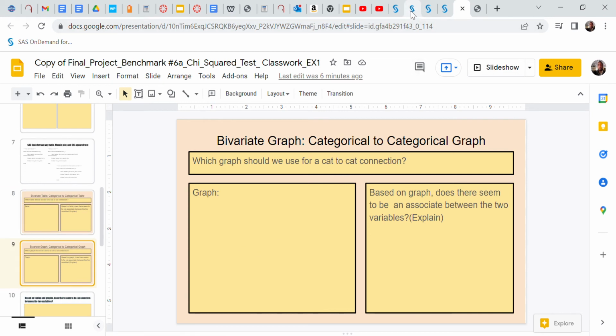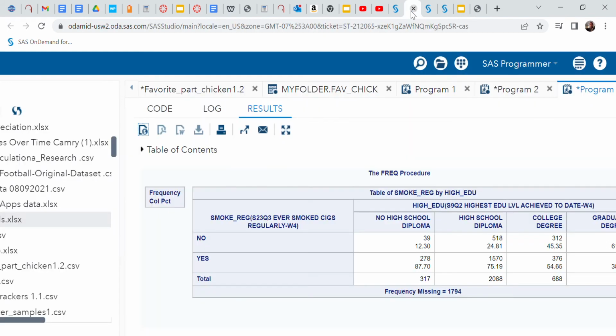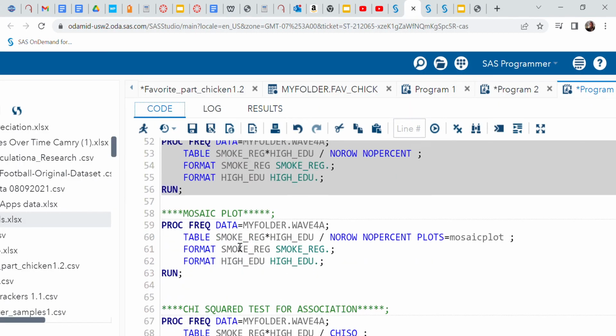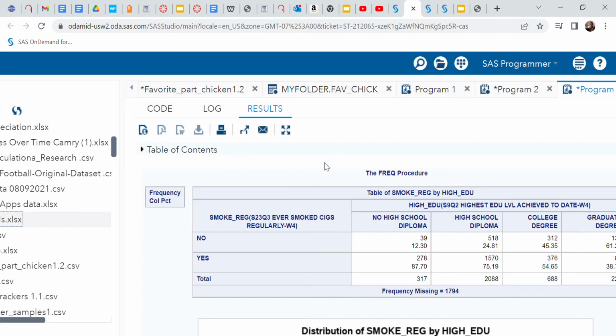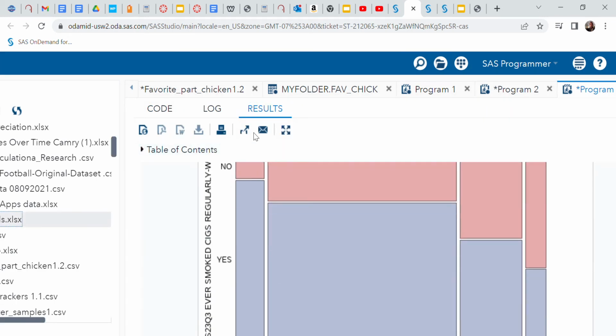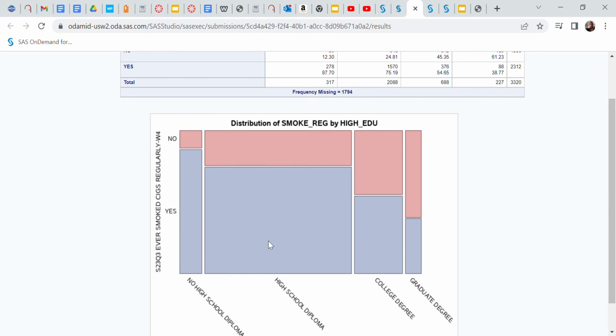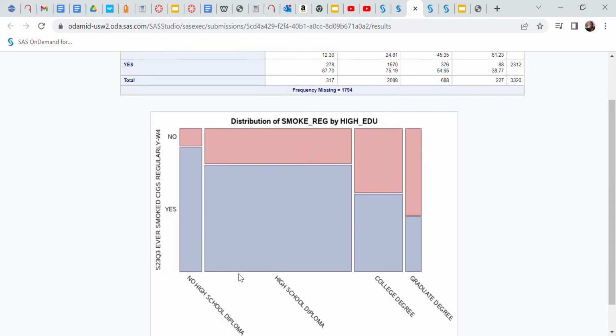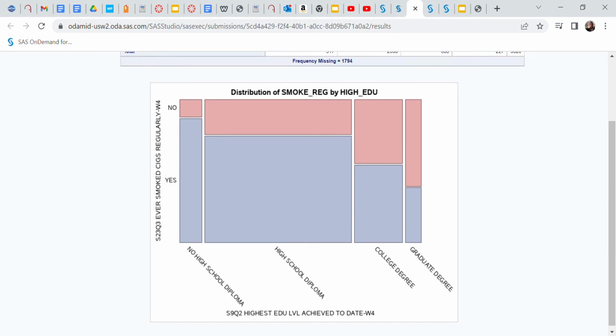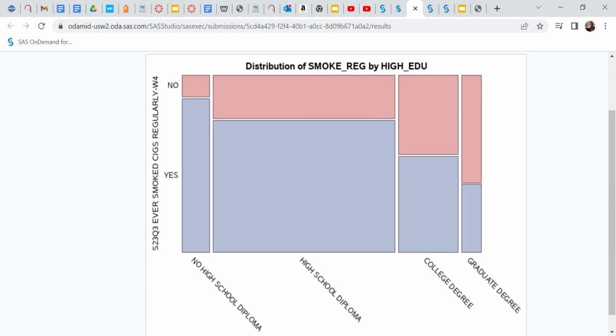What graph are we going to be using? The mosaic plot. All right, so let's go back to our code and we're going to go to our mosaic plot, and you could see what we just saw with the percentages but in a nice graph. Cool. So is this across the board 50-50? No. You can see high school smoke a lot more regularly.